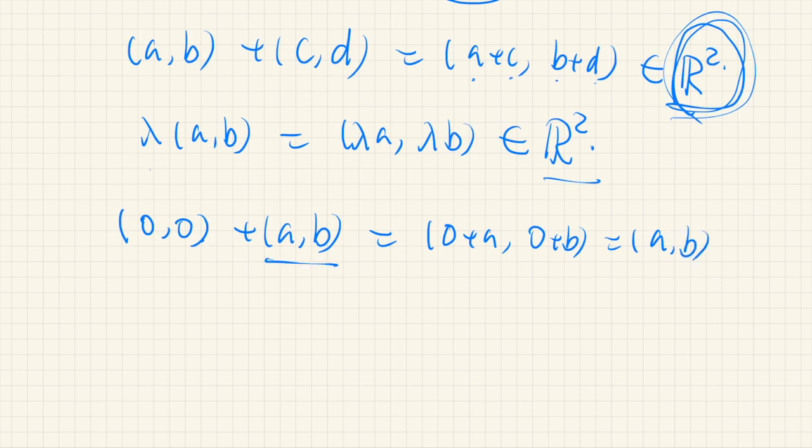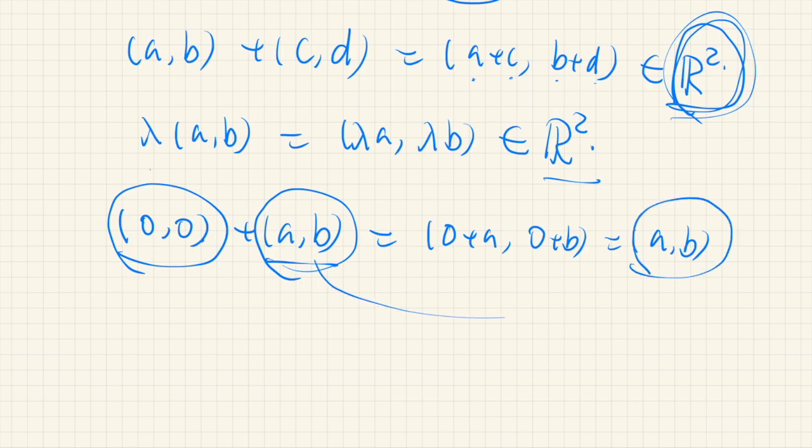So adding this element doesn't change this vector, right? This is equal to this. So the vector consisting only of the zero element of the field K is the zero vector.